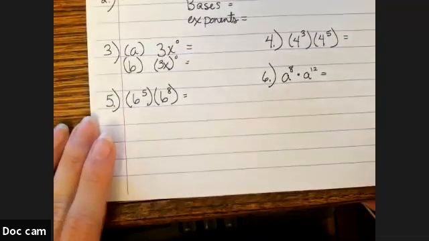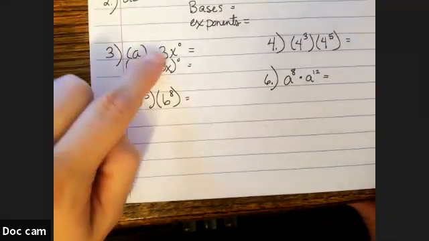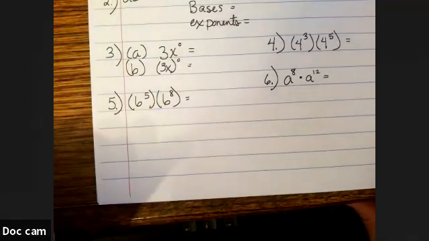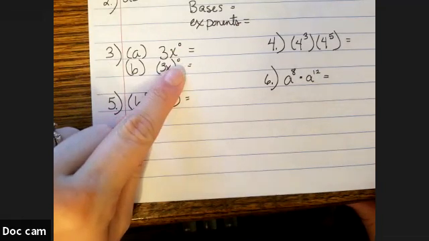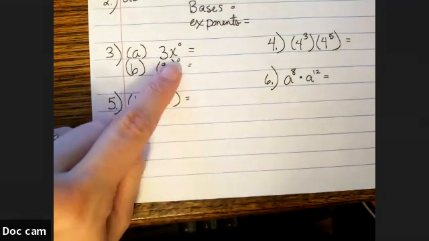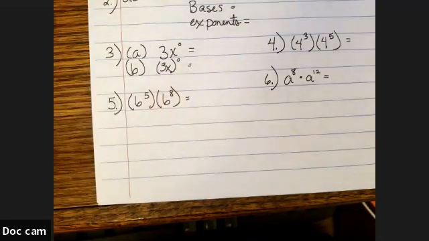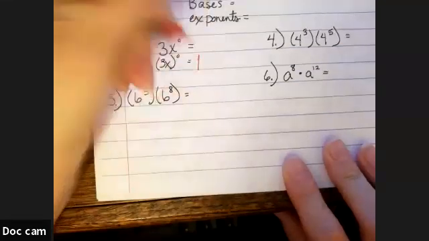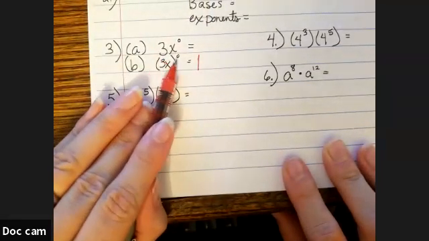Let's look at this one right here. We have 3x to the power of 0 versus 3x in parentheses to the power of 0. With the parentheses, it's showing that the exponent applies to the whole thing in parentheses. So the answer for part B is just 1, because everything is raised to the power of 0.